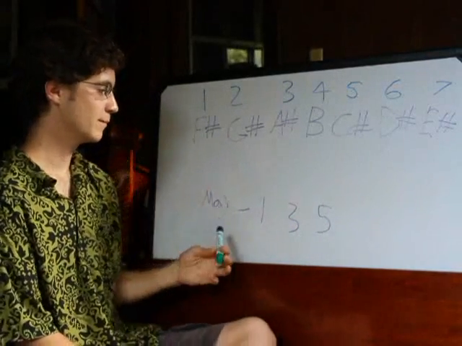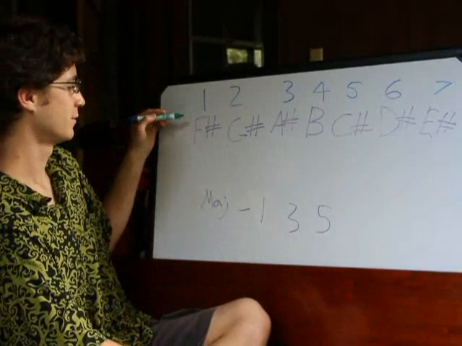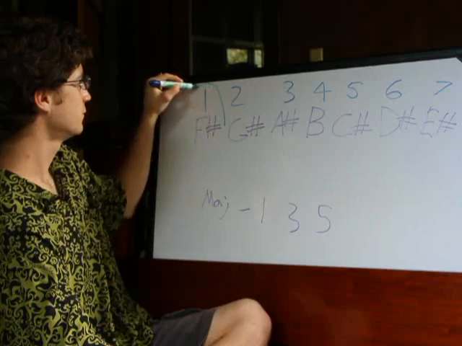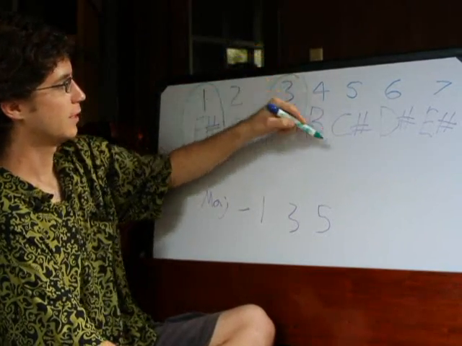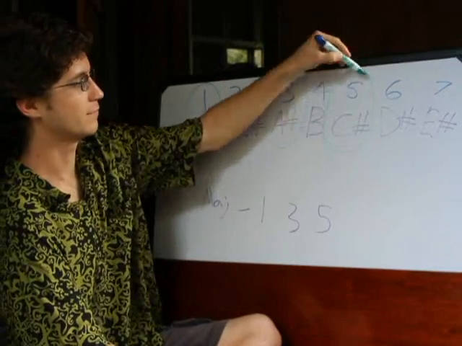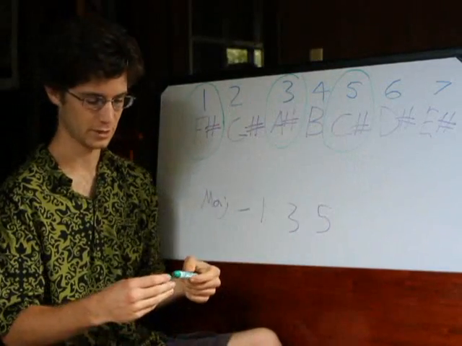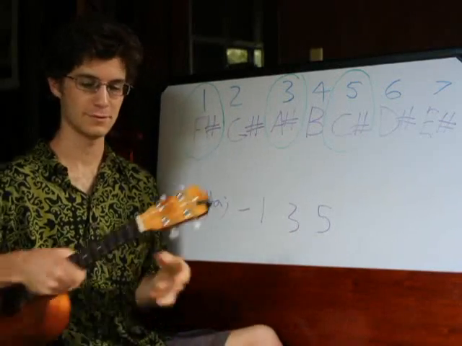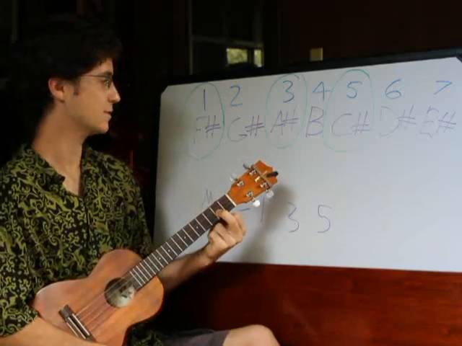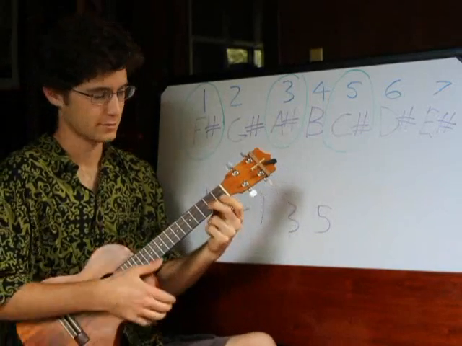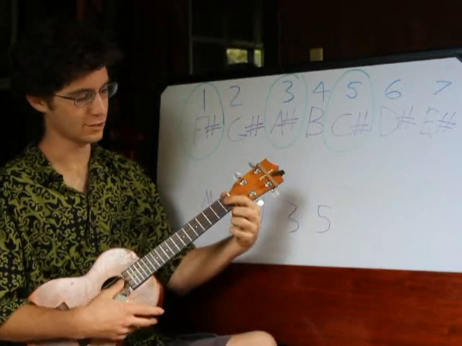Okay, so to make an F sharp major chord, again we're going to take the 1 and then the 3 and 5. So F sharp, A sharp, C sharp. If you find those on the ukulele, this is the easiest: F sharp to get to, A sharp, and then C sharp.